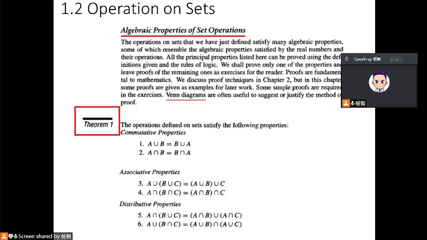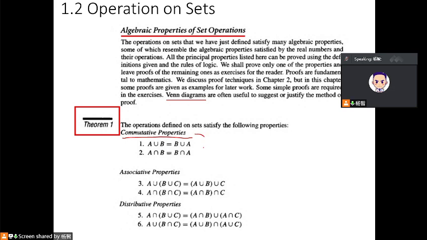We just sing some algebraic property of the set operation. Okay, this sum operation is union. It's usually used for calculating between more than two sets. It includes the commutative property.